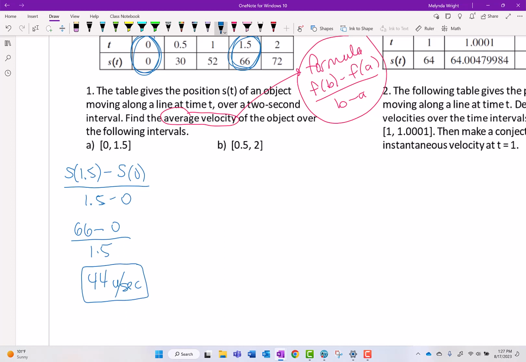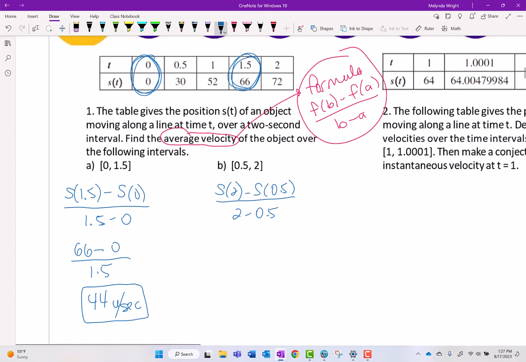Okay, so the next one, same scenario. We're going to do our formula. So this would be S of 2 minus S of 0.5 over 2 minus 0.5. And let's look up at our chart. S of 2 is right here.